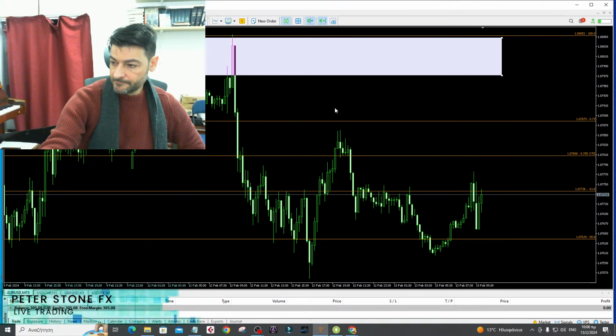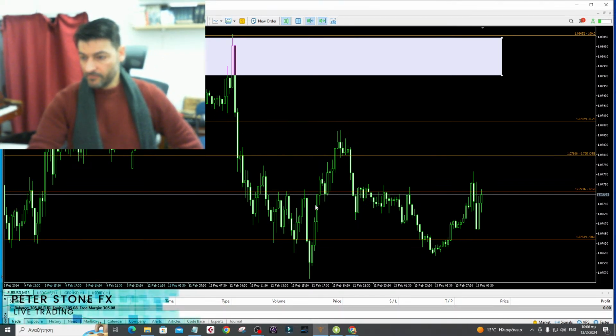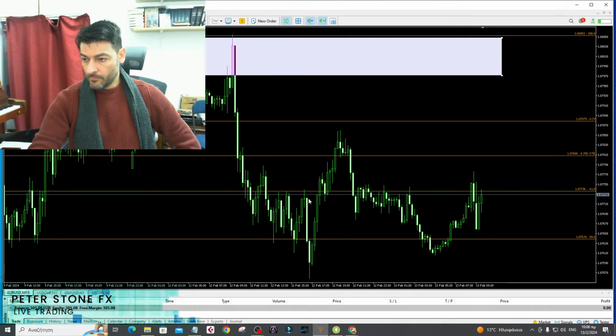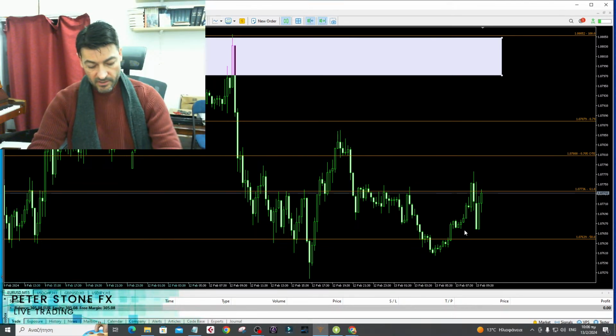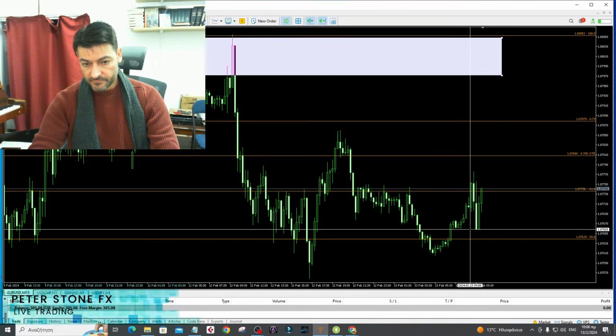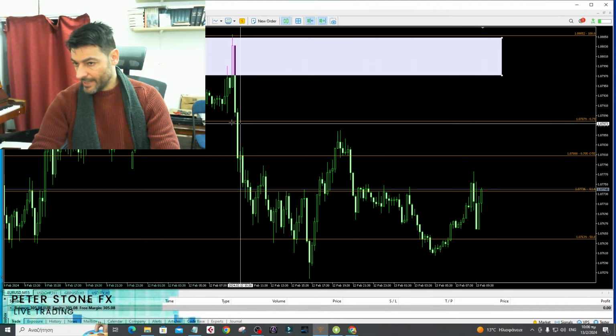All the upper movement, maybe this one, this could be a bullish order block. Here you see the equal lows that are really targets to be taken.